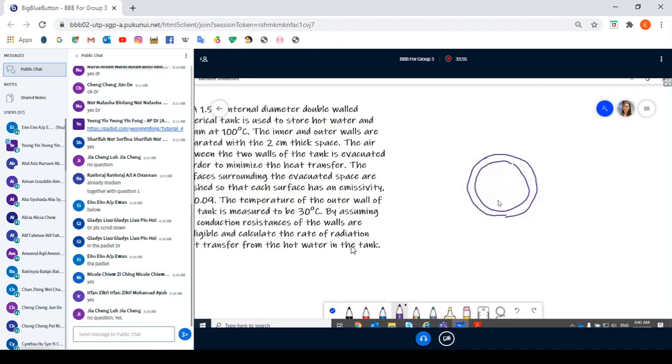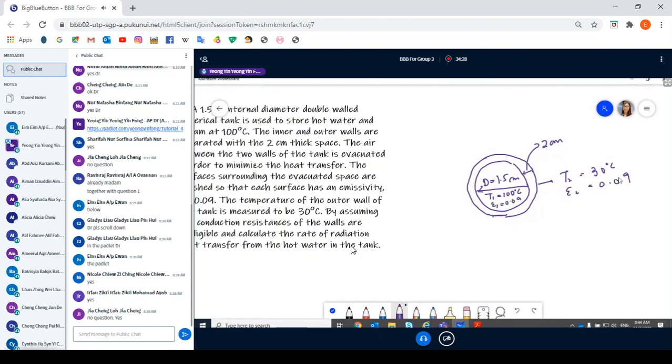The thickness here is 2 cm space. The diameter here is 1.5 meter, and the temperature inside is 100 degrees C. Outside the wall, T2 is 30 degrees C. Both emissivities are the same, 0.09, and the outside emissivity is the same as well.